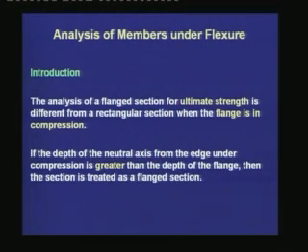The next consideration is that if the depth of the neutral axis from the edge under compression is greater than the depth of the flange, then the section is treated as a flange section. Let us try to understand this from a sketch.